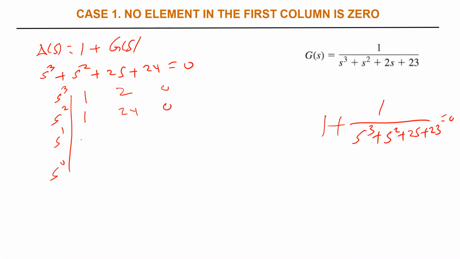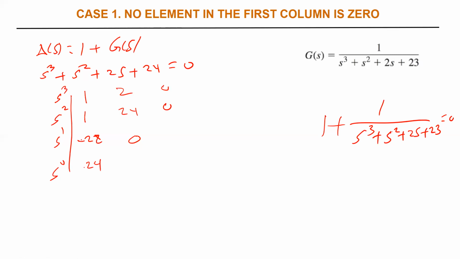Now let's calculate here. S1. What's the coefficient here? The coefficients go 2, 0. It will be minus 22. Exactly. How about here? At this stage, this will be 0. How about here? Zeros. No, 24. Wait, Doctor.